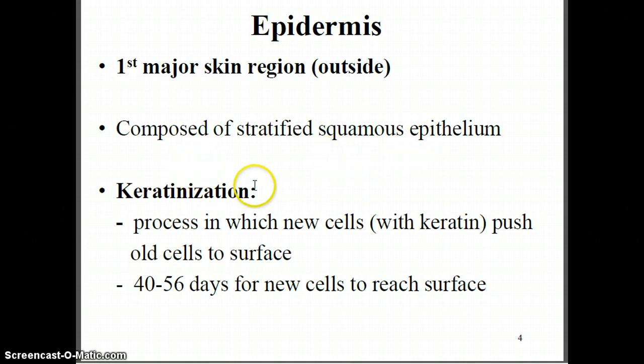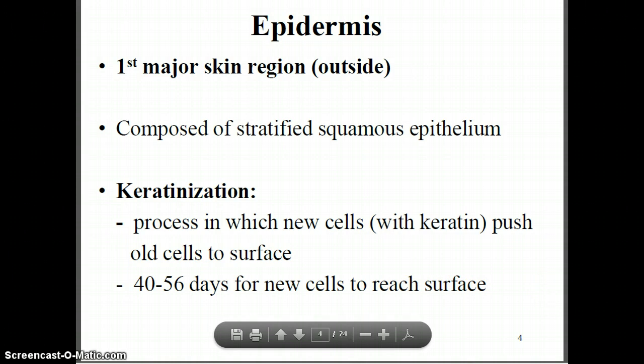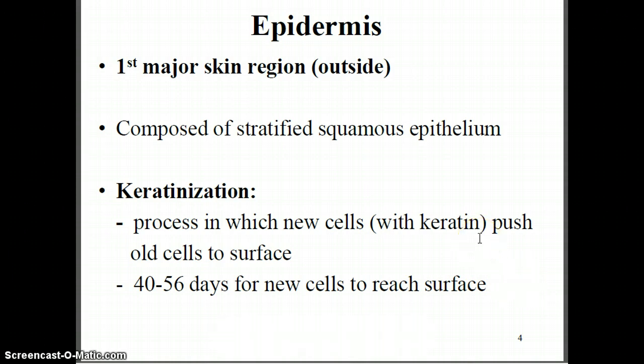I do want to mention that as our skin cells proceed towards the exterior of our body, a process called keratinization occurs, and we can think of it as kind of a hardening of the cells. This process allows the new cells that are being produced at the base of the epidermis to push the old cells to the surface.